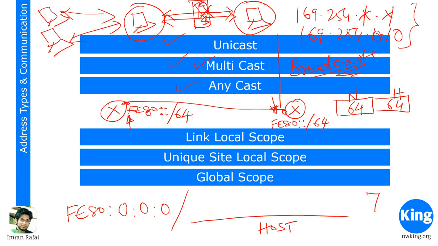How do they configure this part? That is using the MAC address. So the MAC address, as we know, is a 48-bit number, that is 1 2 3 4 5 6, so this is 6 blocks.